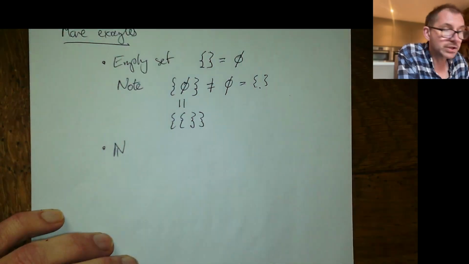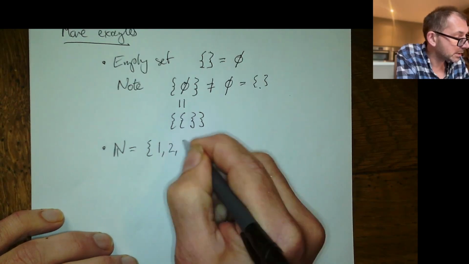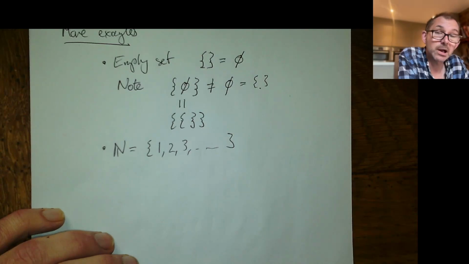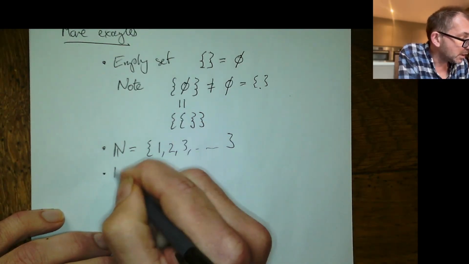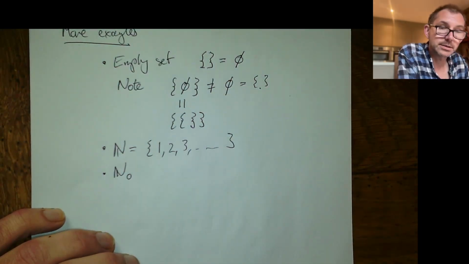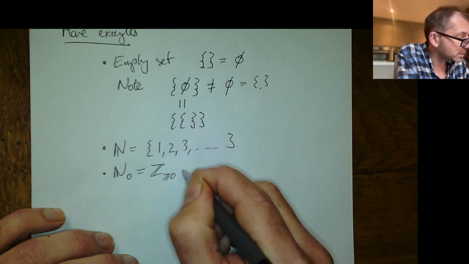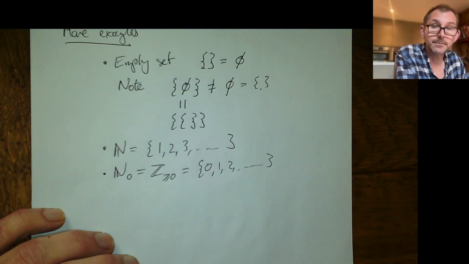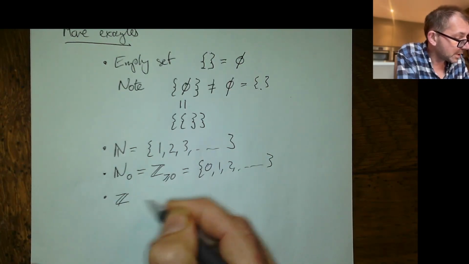Because we always use these basic sets to construct other ones, let's just remind ourselves what the natural numbers are. So natural numbers start with 1, not with 0, and they go up like that. If I want to include 0, I might write N union 0, or I might write Z greater than or equal to 0, but that will be the set 0, 1, 2, etc. Z is, of course, the integers.